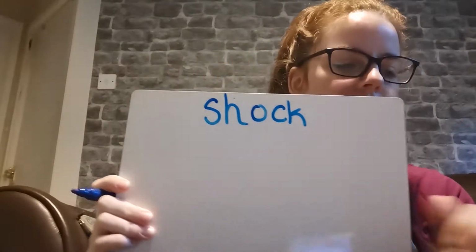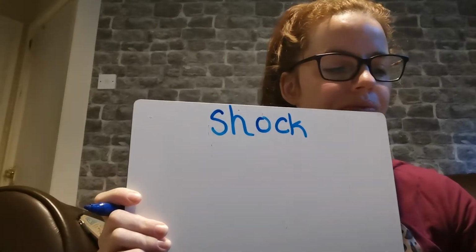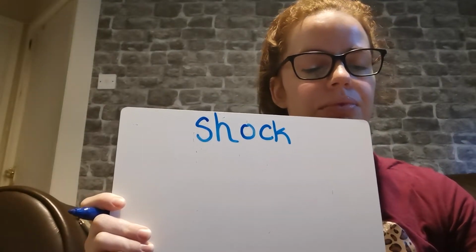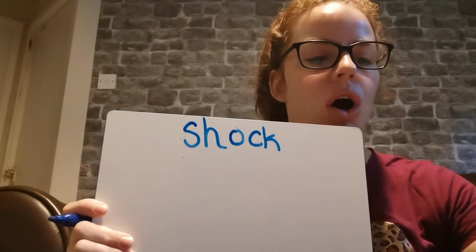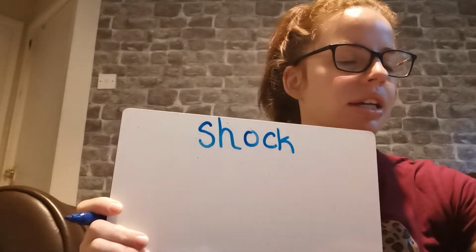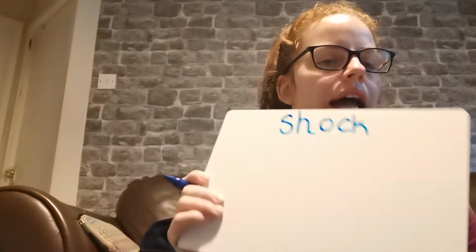All right? So your word now is going to be oak. And our k is our kicking k. All right, go ahead, sound it out, and then write it down for me, please.